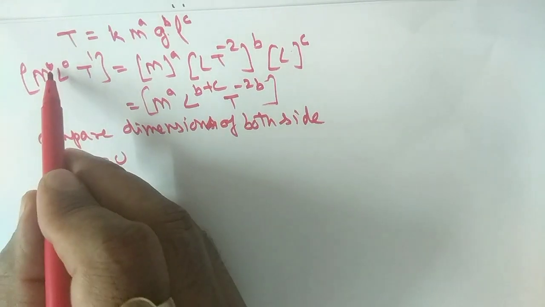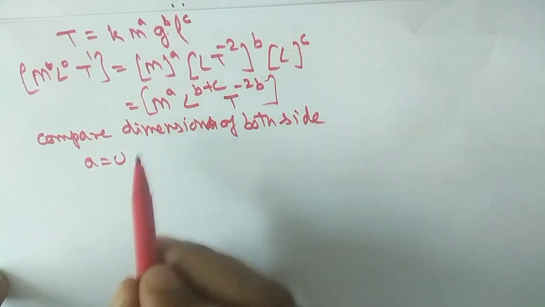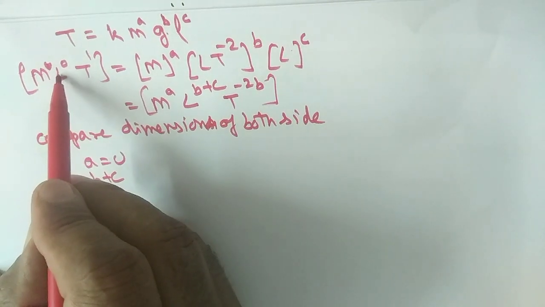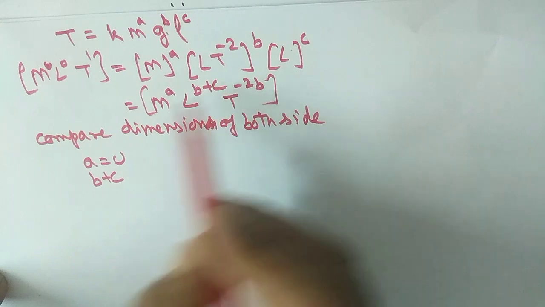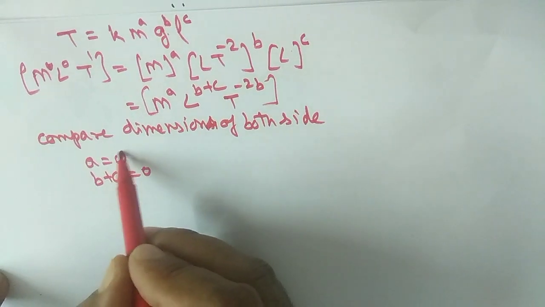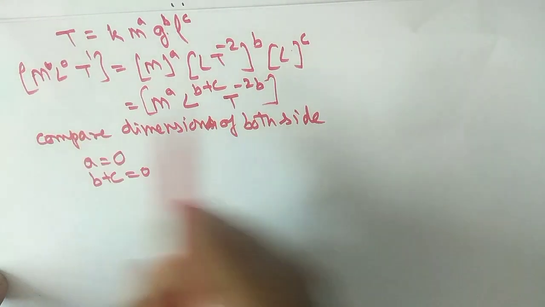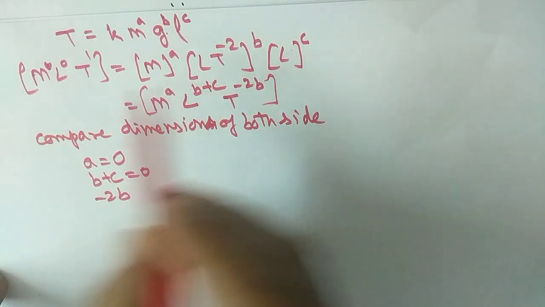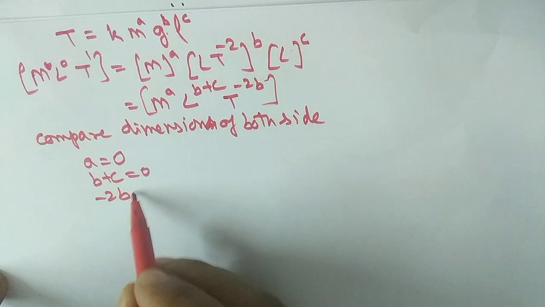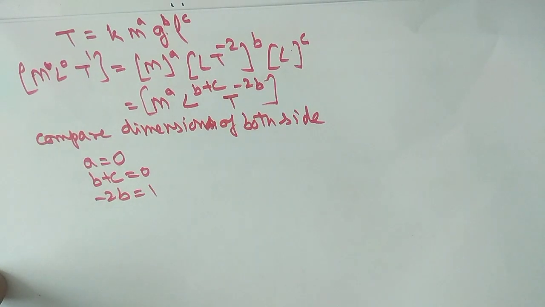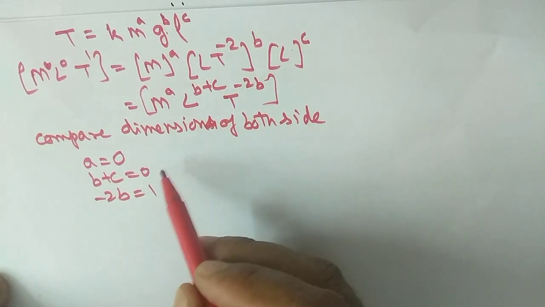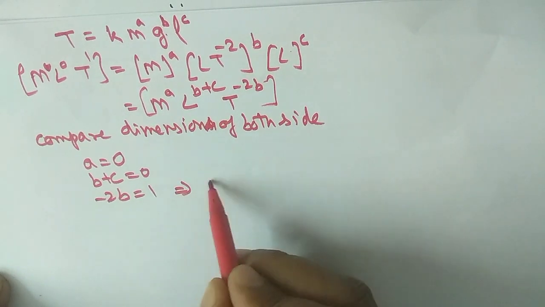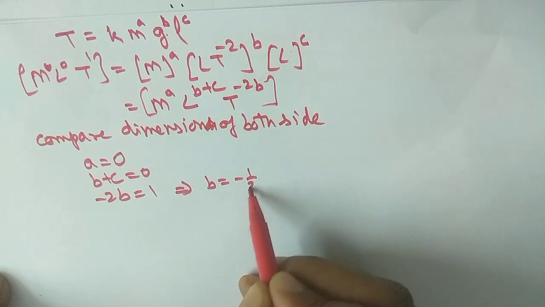Now for b plus c, the dimension of L is 0, so b plus c is equal to 0. And here, minus 2b is equal to 1. So clearly we have a equal to 0. Now we'll find the values of b and c. From here we can see b is equal to minus half.